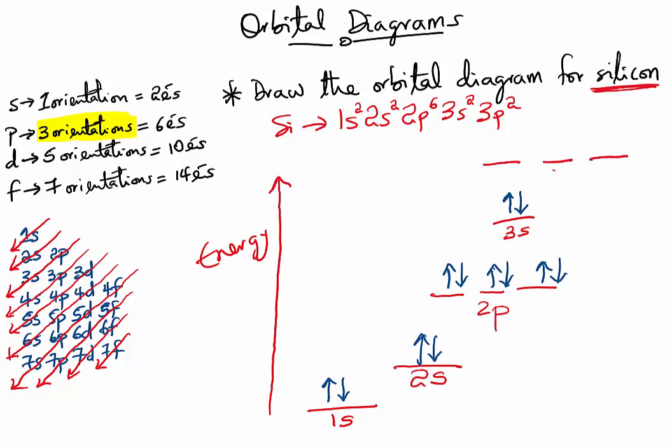Any p orbital will be triply degenerate. We only have 2 electrons in the 3p orbital, and according to Hund's rule, we will try to fill up singly before we pair. So since we have only 2 electrons, that will be the orbital diagram for silicon.